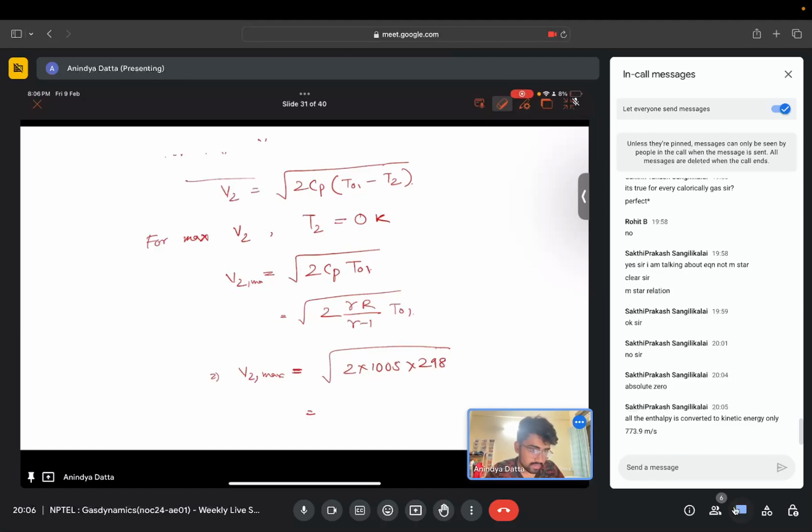Yeah, this is 773.9 meters per second. All right, is this clear?